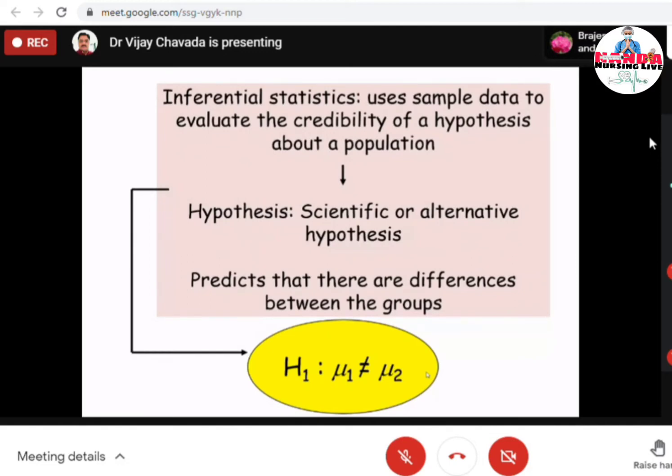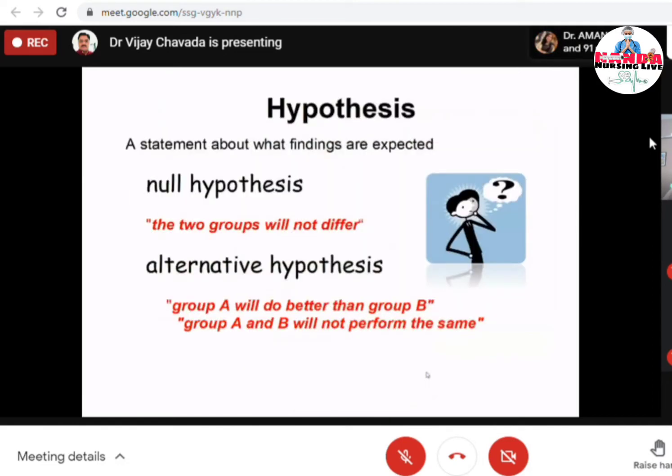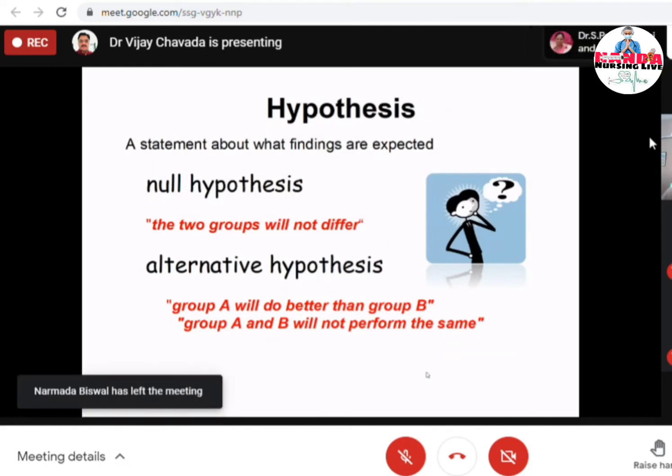The scientific or alternative hypothesis predicts that there are differences between the groups. The alternate hypothesis says there is a difference. The null hypothesis says that there is no difference between the two groups, right? The null hypothesis is that the two groups will not differ, meaning there is no difference in the two groups.